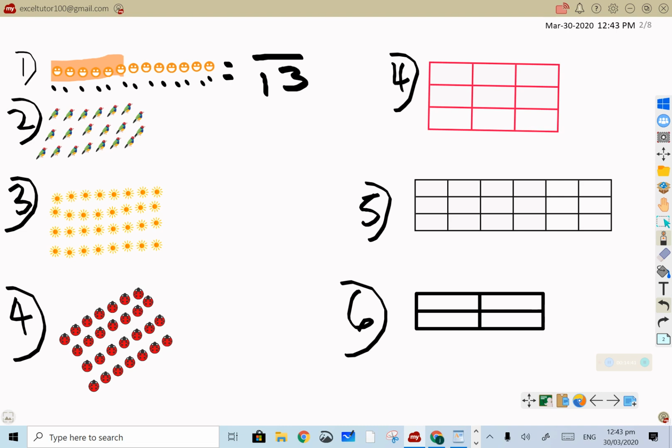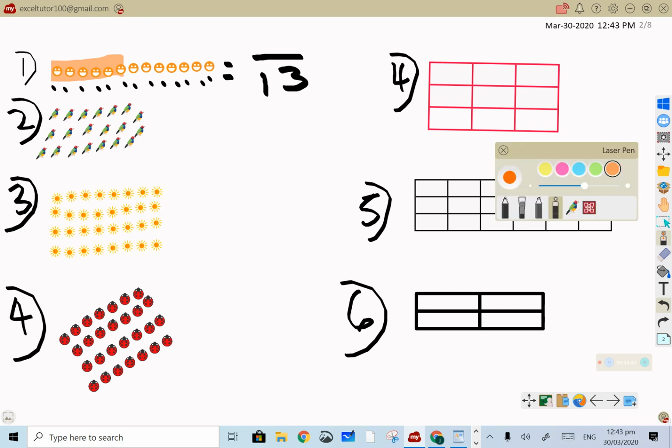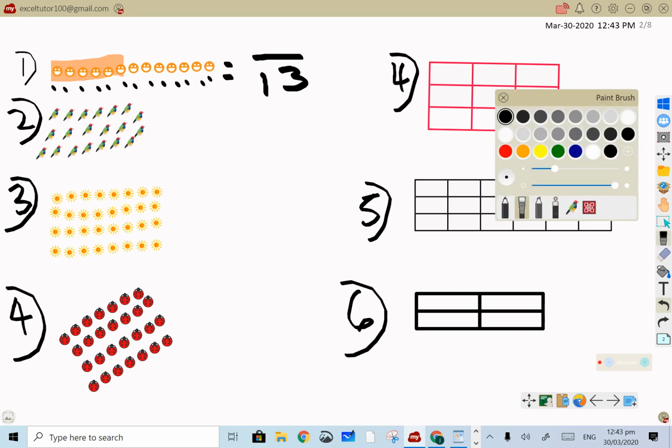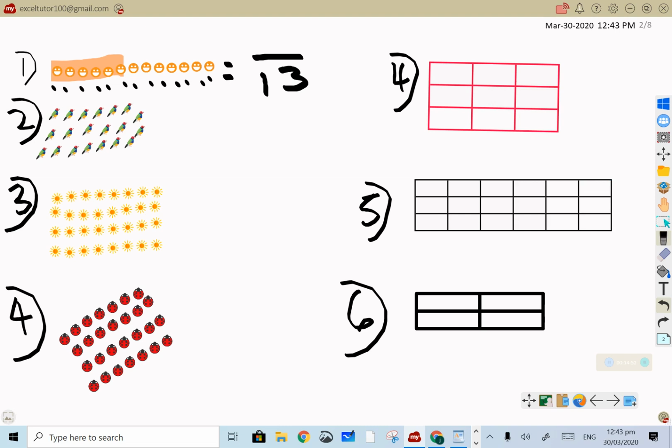So we have 1, 2, 3, 4, 5, 6. Okay, so therefore, if we were to say how much was shaded, we would say 6 was shaded.